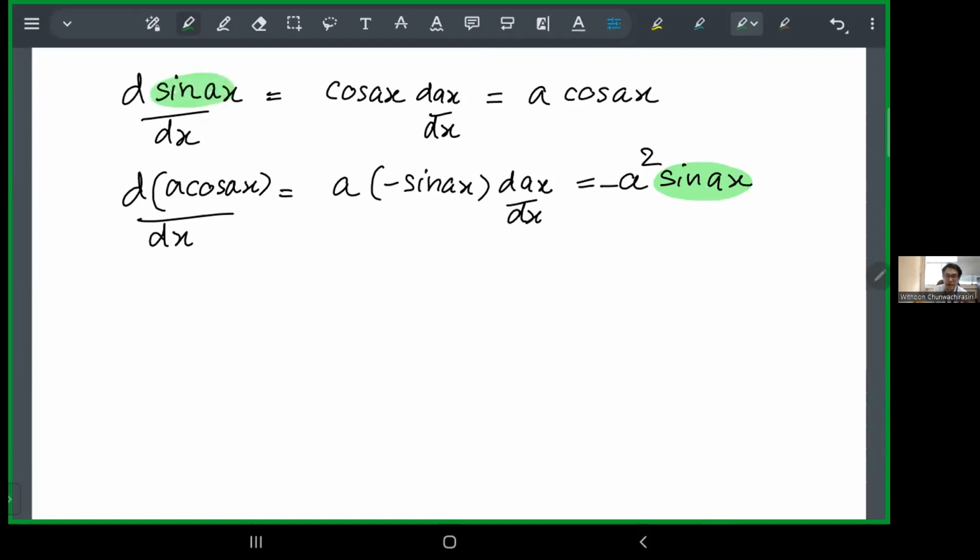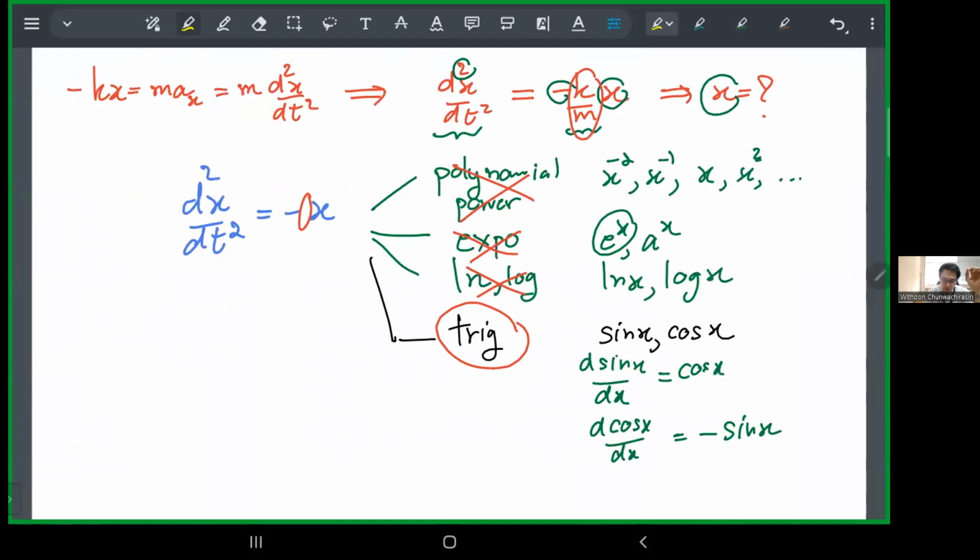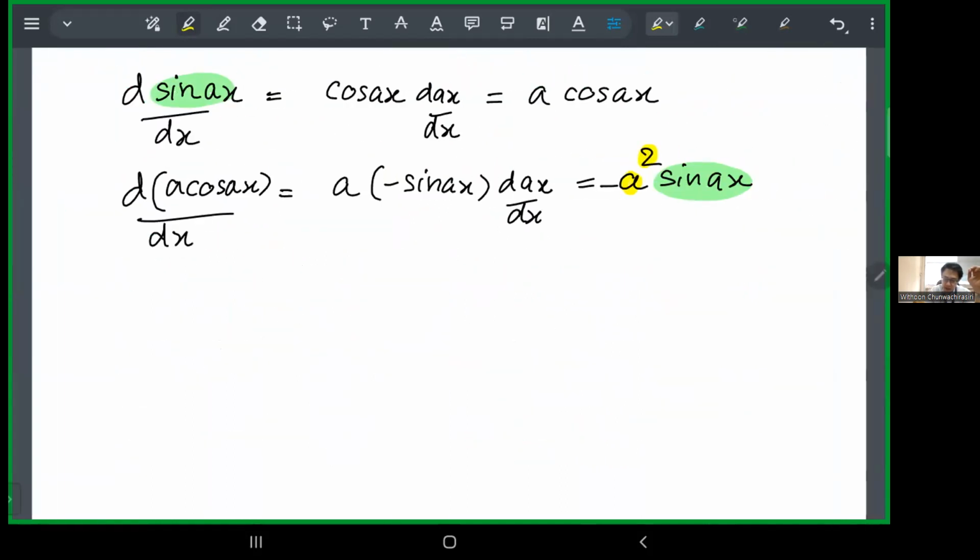So that means every time you squeeze in a factor in front of x, after the second derivative, that factor will pop up in the front with the square in it. Isn't that cool? So when you go back to your original equation, the factor that goes in the front is k over m. And that leads you to conclude that x must be, everyone still follow, right?